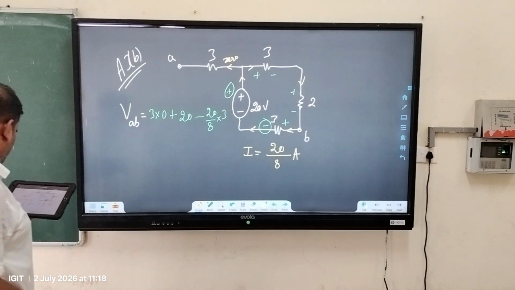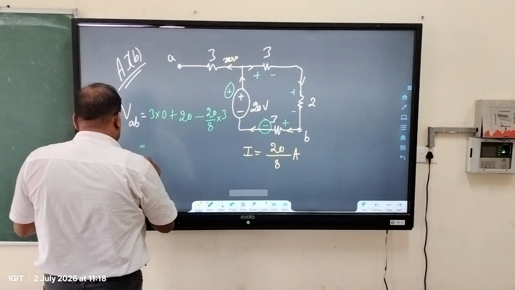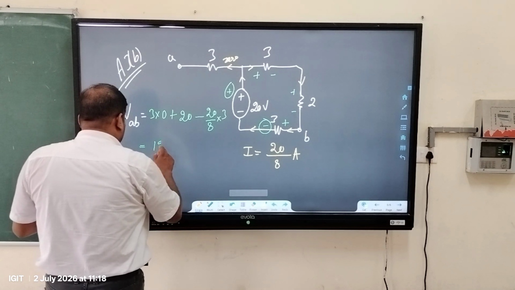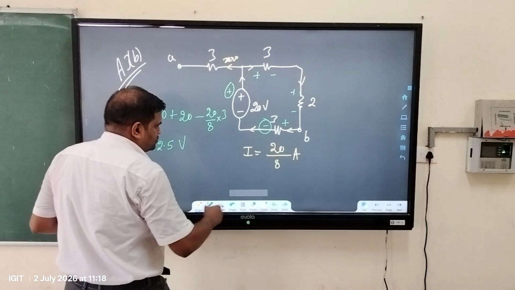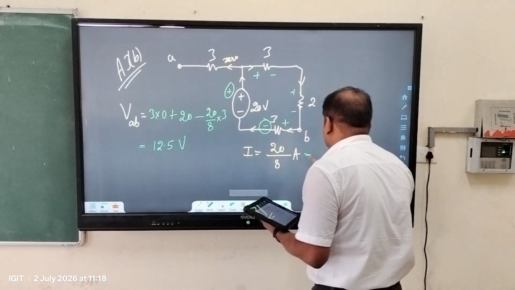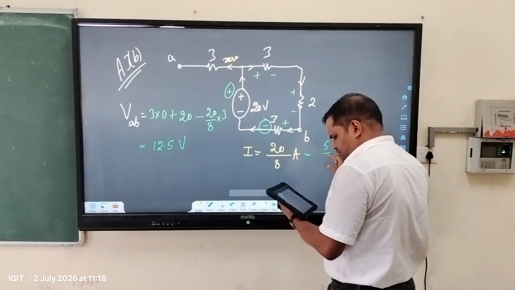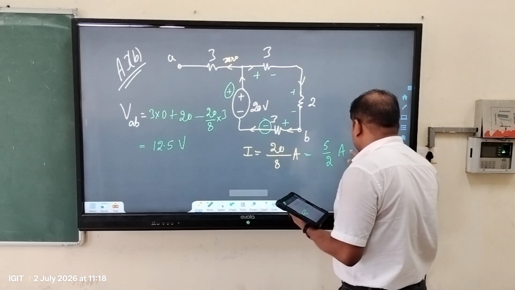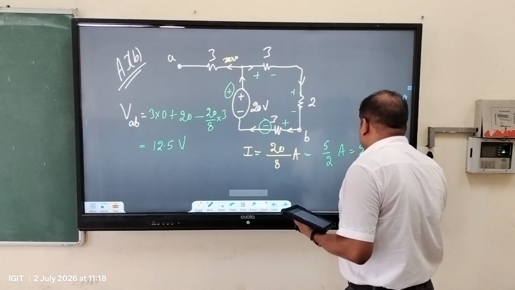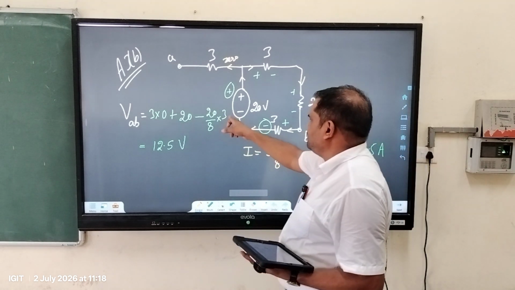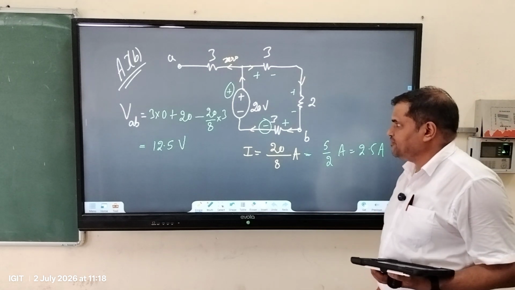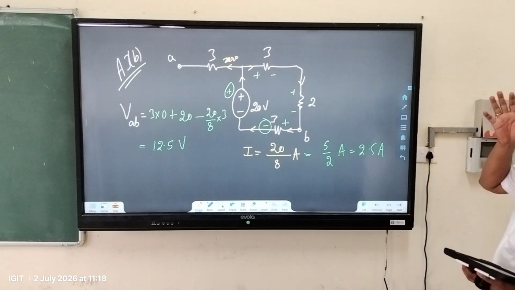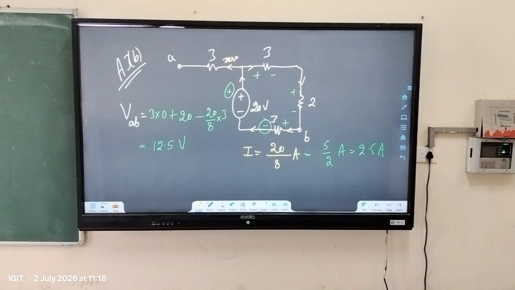So VAB will come out to be 12.5 volts, right? 20 by 8 is also 10 by 4 or 5 by 2, that is 2.5 ampere. So 2.5 into 3 is 7.5, 20 minus 7.5 is 12.5. In this way you can easily solve for VAB and get the answer quickly.